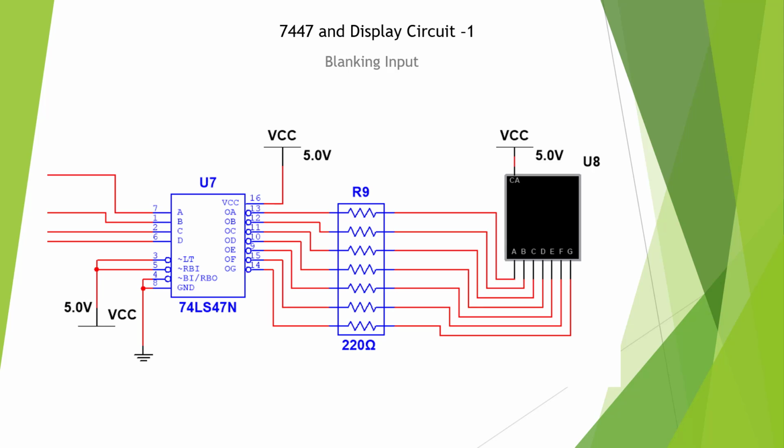Okay, here I'm tampering with the 7447 7-segment decoder, and what I've done here is I have grounded the blanking input. Blanking input will blank out the 7-segment LED, and you notice there's no display. So there's a couple things we could do to blank that out, and one of them is by grounding the blanking input.